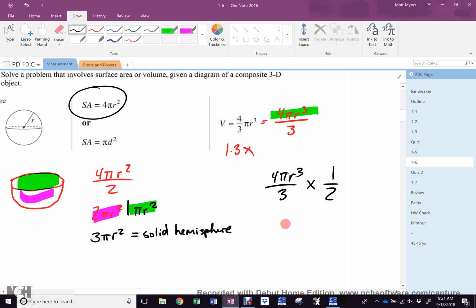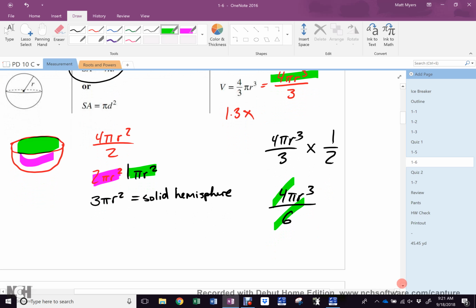This is not a trick question. 4 pi r cubed. What is 3 times 2? 6. What would you then do with 4 and 6? Yeah, 2 pi r cubed over 3. That's a hemisphere volume. Everybody cool?